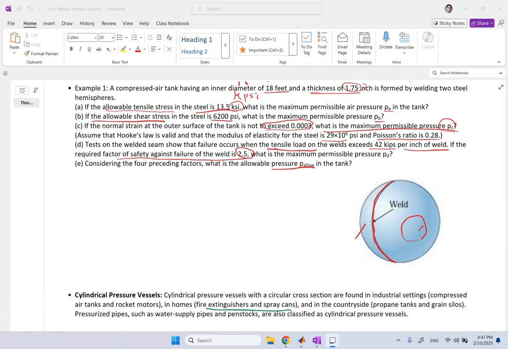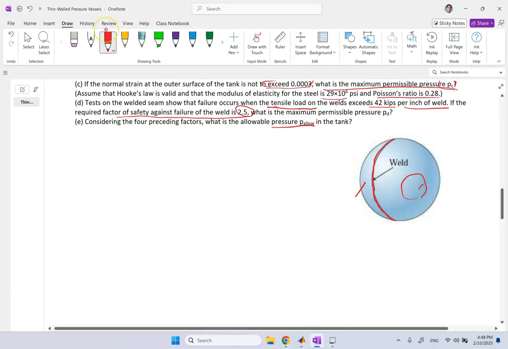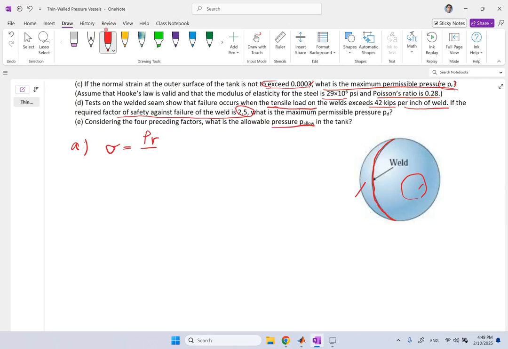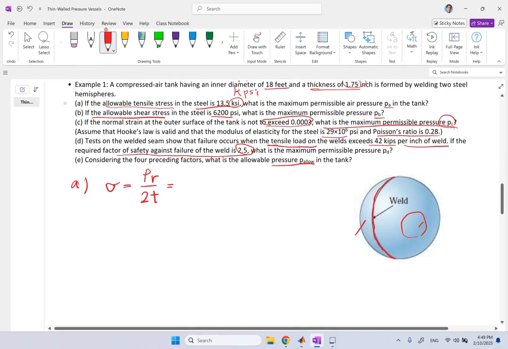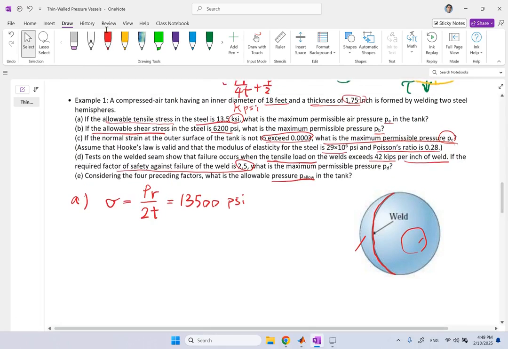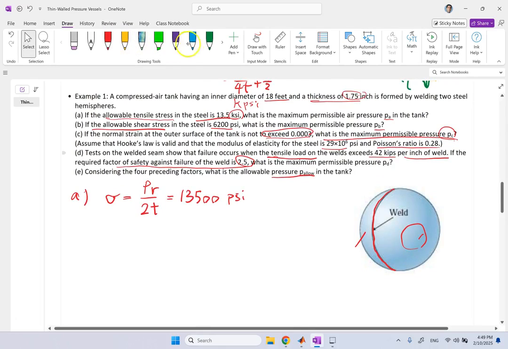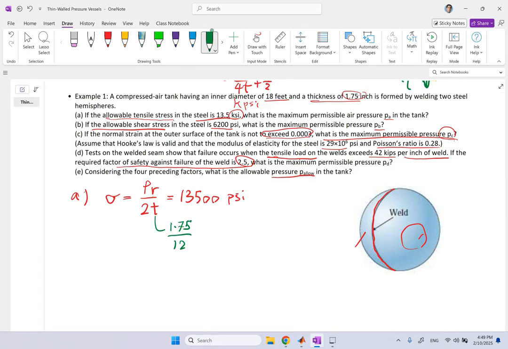Okay, so how do we solve? For part A, we learned that the maximum normal stress that can happen is PR over 2T. And if this is at most equal to 13,500 psi, with the thickness of 1.75 inches, so we convert it to feet by dividing by 12, and the radius is 18 divided by 2, that is 9.